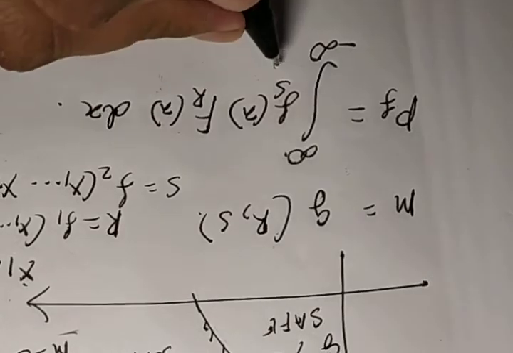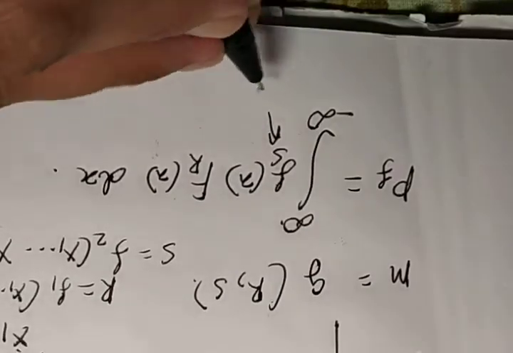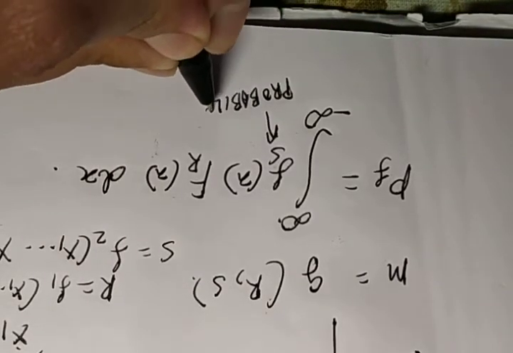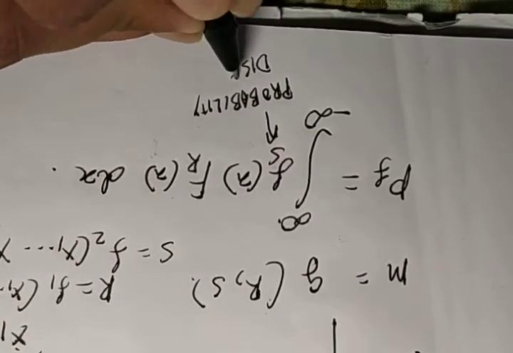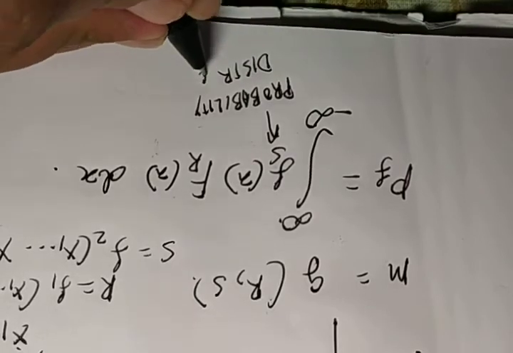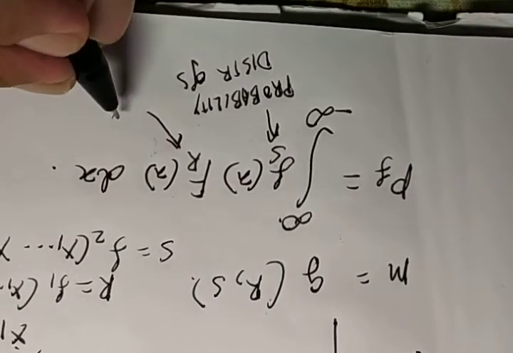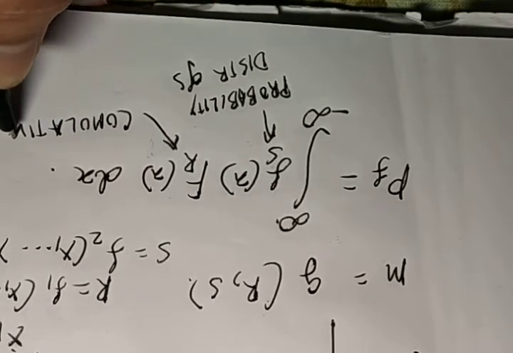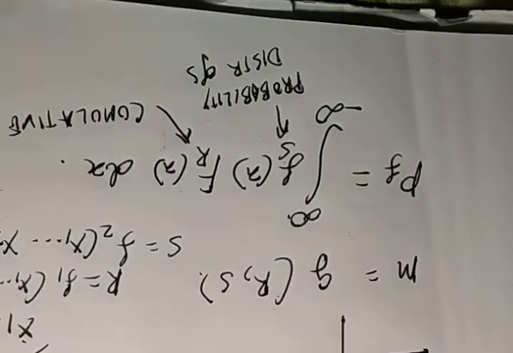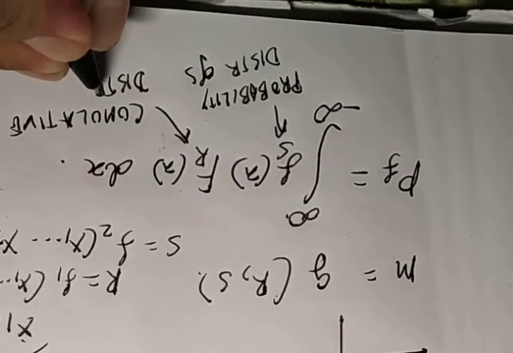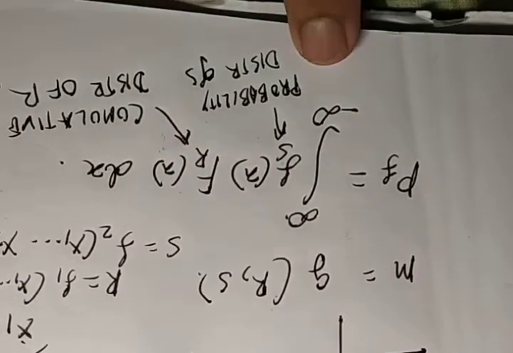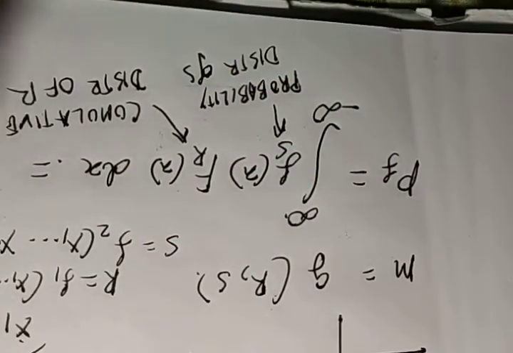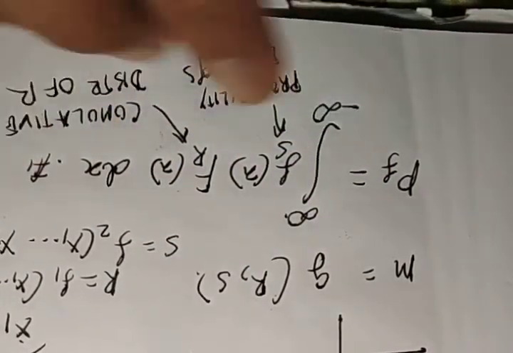So fs is my probability distribution function of S, and fr was my cumulative distribution function of R. Okay, so this is going to be my probability of failure.